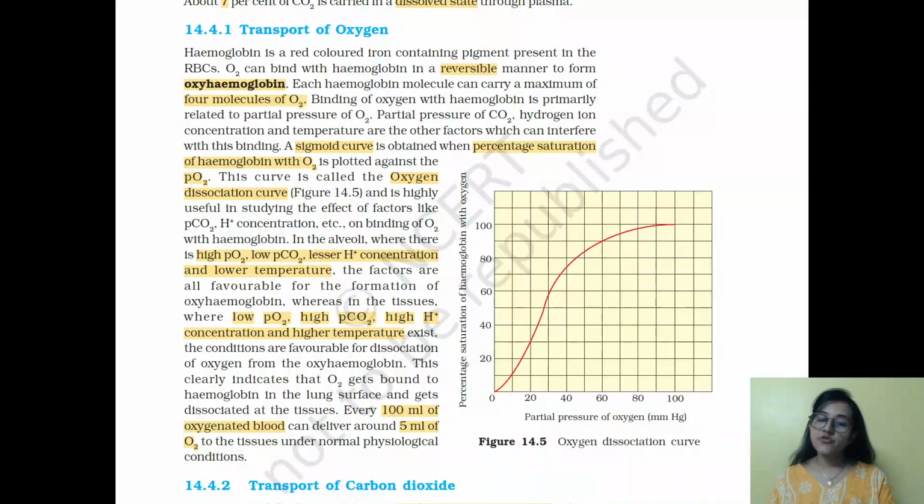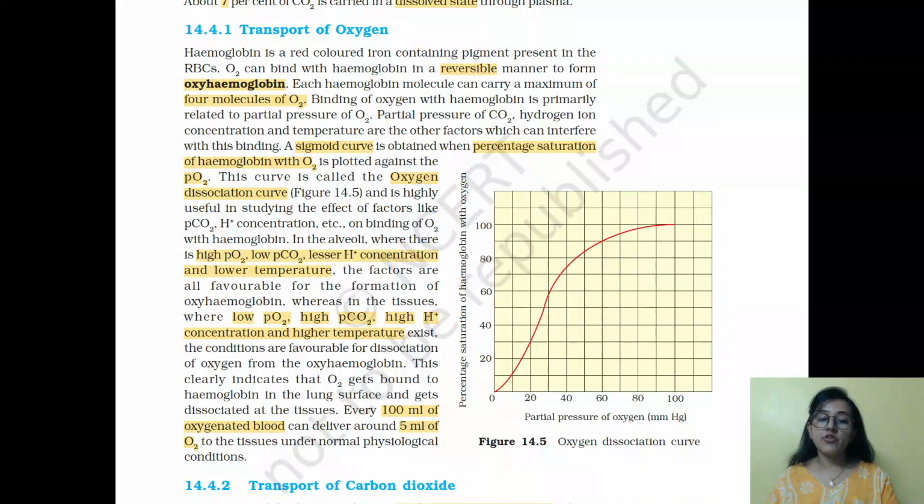The percent saturation gradually increases, and on the top of the graph, we can see with increase in partial pressure of oxygen, the percent saturation becomes almost static. So, this is a sigmoid curve. It is highly useful in studying the effects of factors like partial pressure of carbon dioxide, hydrogen ion concentration, etc. on binding of oxygen with hemoglobin.